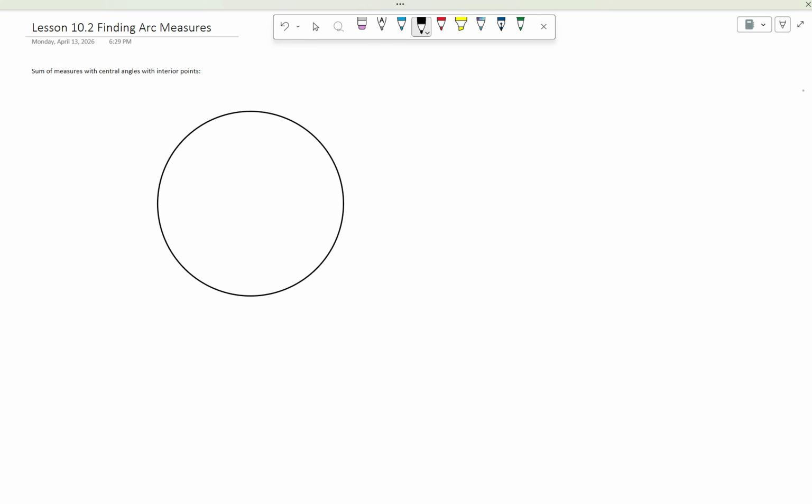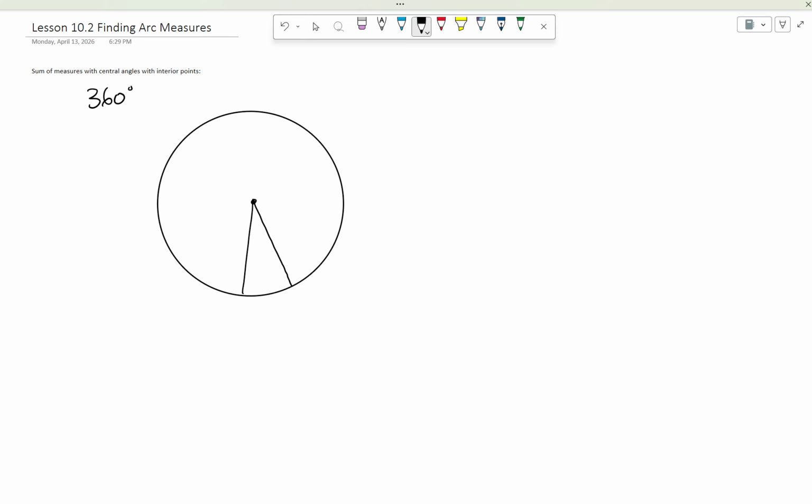But for now, we have the center of the circle, and the sum of the measures is going to be 360 degrees, which I think most of you are comfortable with because that's what you've utilized in your previous math classes.